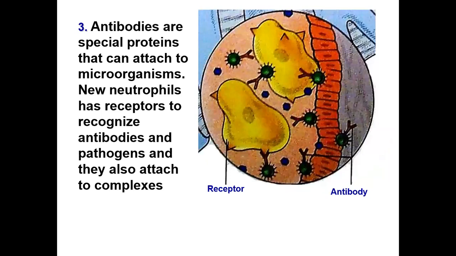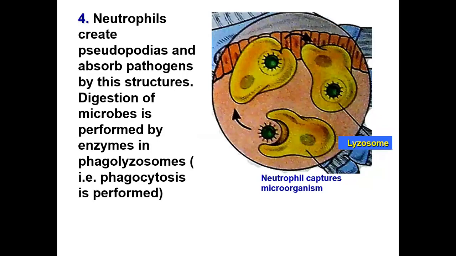Third, antibodies are special proteins that can attach to microorganisms. Neutrophils have receptors to recognize antibodies and pathogens, and they attack these complexes. Fourth mechanism, neutrophils create pseudopodia and absorb pathogens into structures.